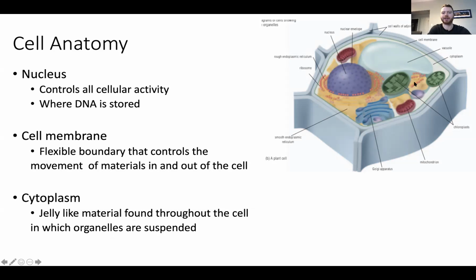It's kind of like a shock absorber, so to speak. So these three are found in both plant and animal cells. I'm just going to write that down. These are found in both plant and animal cells.